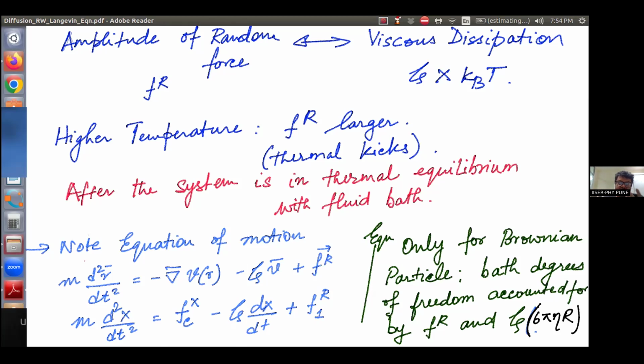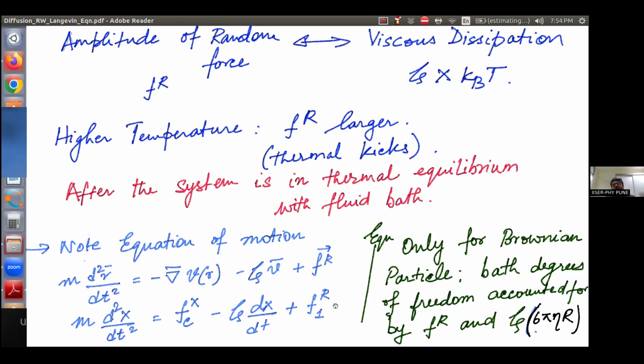The effect of the fluid particles and their collisions and momentum exchange and so on and so forth are all subsumed in these two terms, minus zeta dx/dt plus f. So that is the message. All the bath degrees of freedom are accounted for by this effective description.